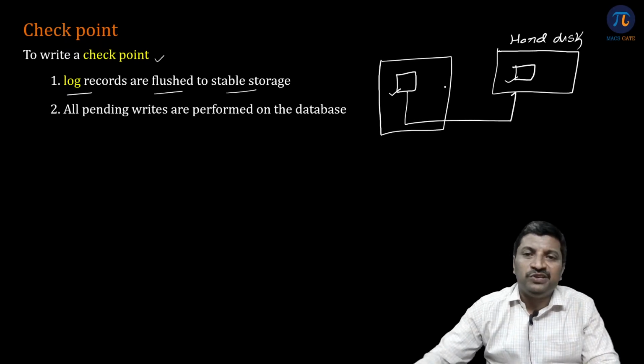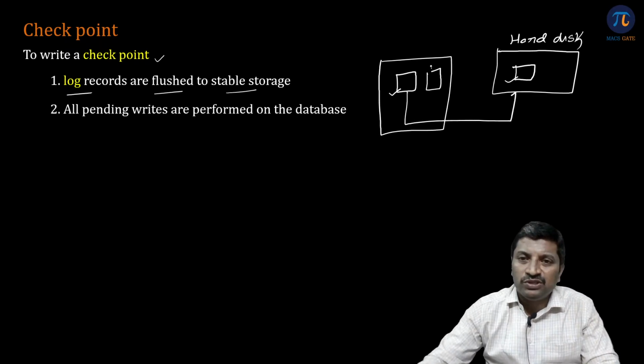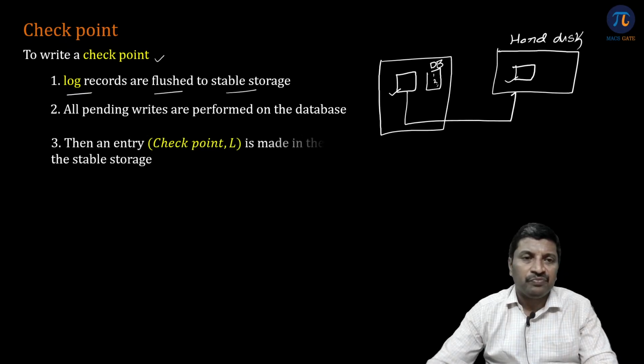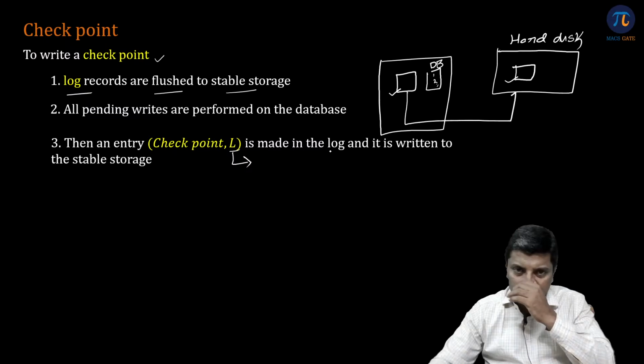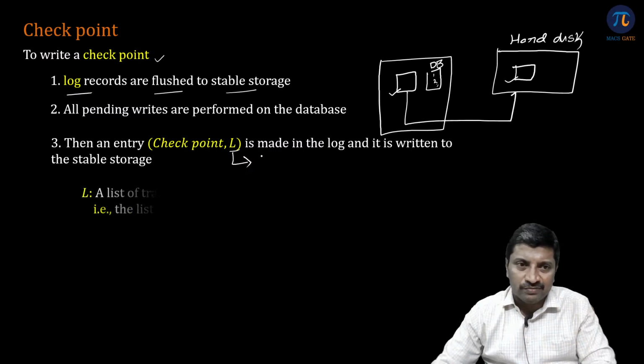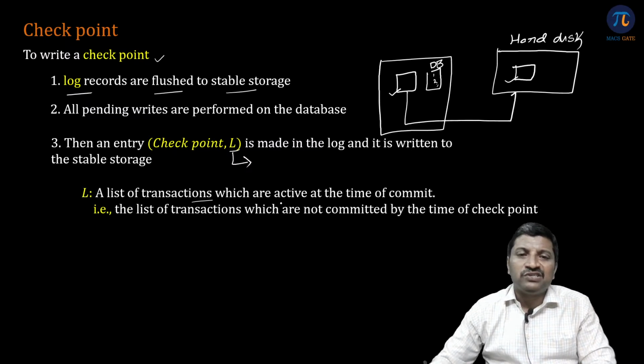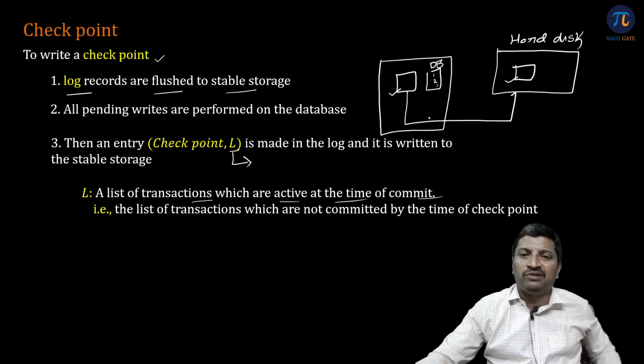Then all pending writes are done in the database. This is the DB page, write 1, 2, 3, and so on. Then we make an entry checkpoint L. What is the list, sir? We write a list of transactions which are active at this point of commit.